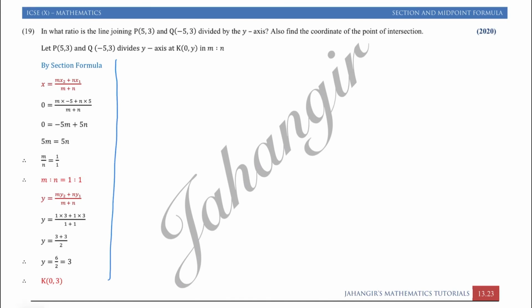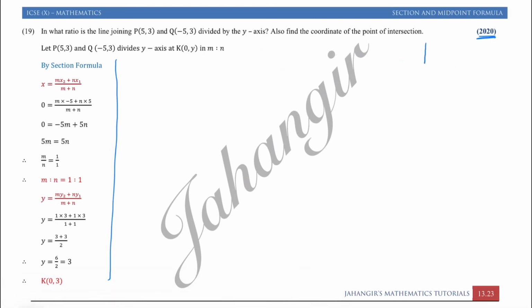Question number 19, a recent question of 2020. In what ratio does P and Q, let us write P 5,3 and Q, that is minus 5,3, is divided by the y-axis. So I have to make the coordinate axis here.